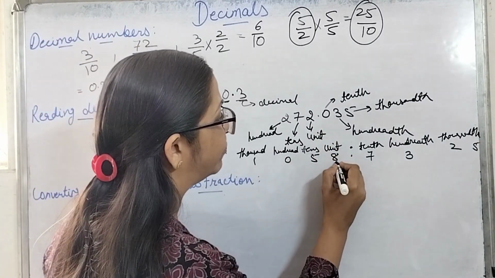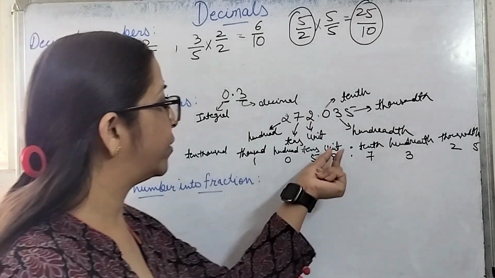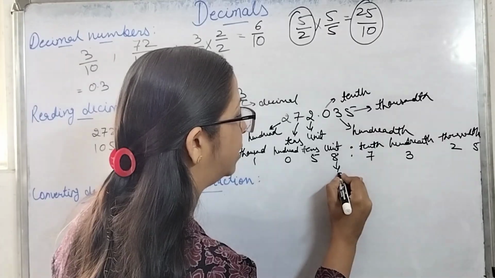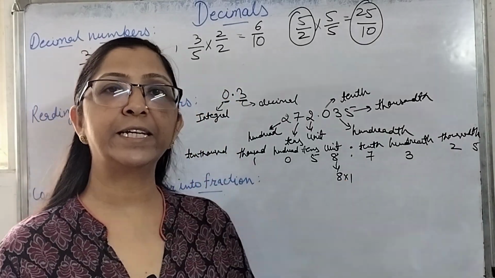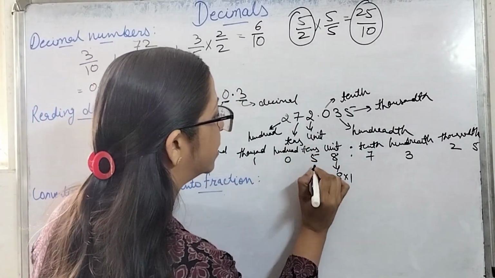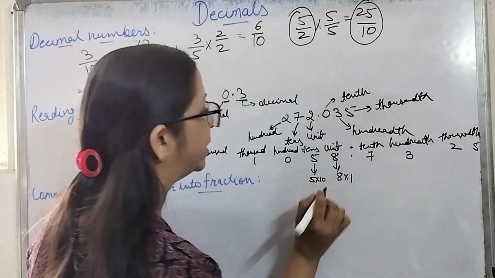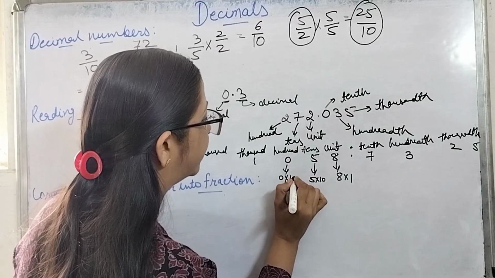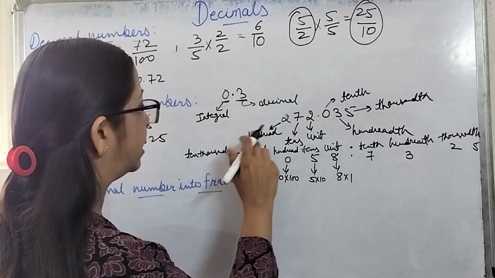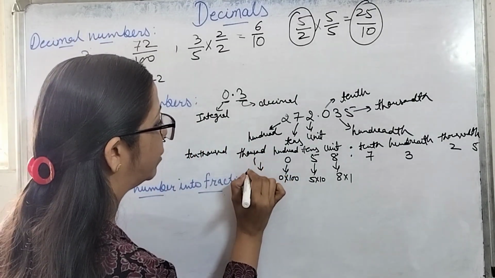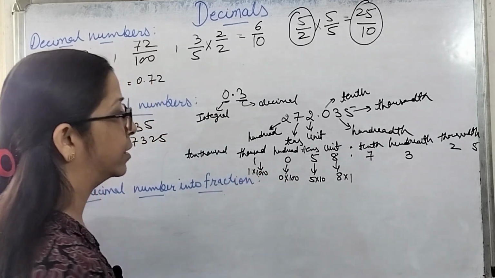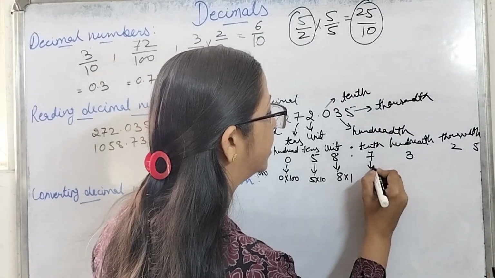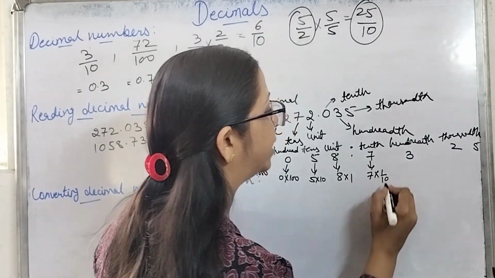Place value: whatsoever the number is at its units place, the number multiplied by 1 will be the place value. For tens place, the number multiplied by 10 will be the place value. For hundreds place, the number multiplied by 100. For the thousands place, the number multiplied by 1000. Similarly, the number at the tenths place, the place value will be the number multiplied by 1 upon 10.